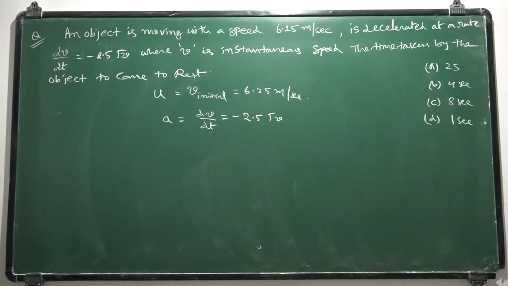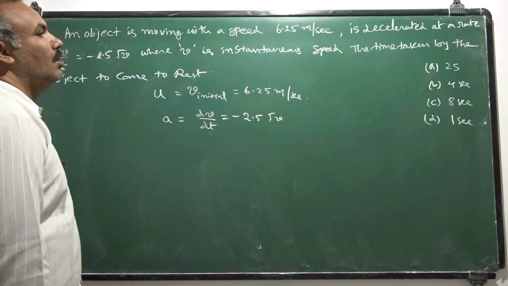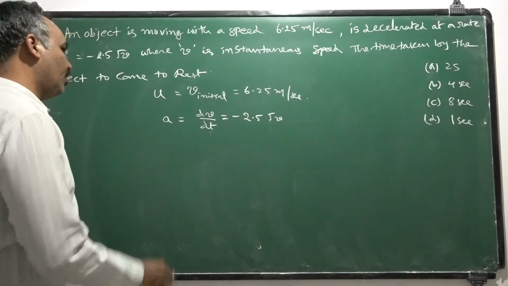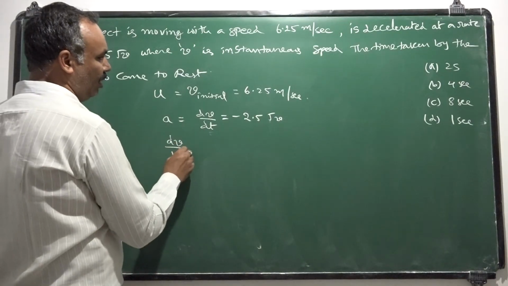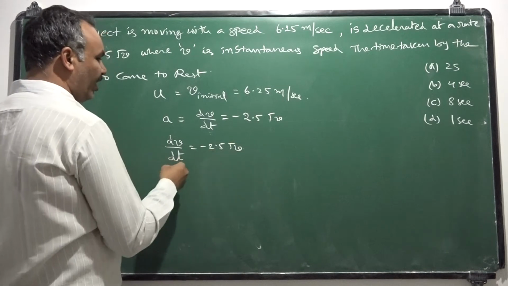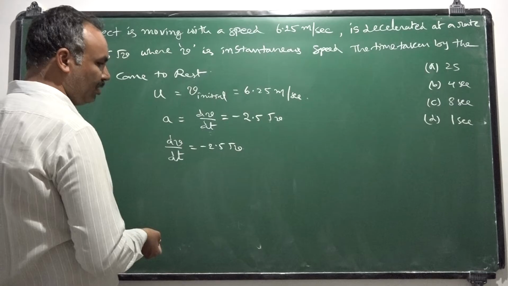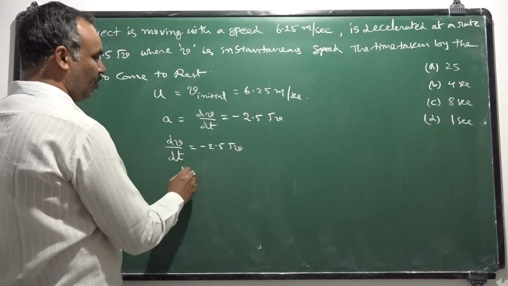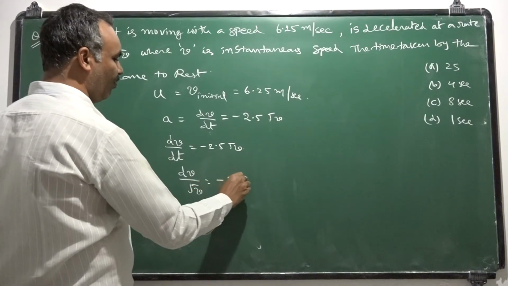Now, the time taken by the object to come to the state of rest. So acceleration can be written as dv by dt is equal to minus 2.5 root v. The v containing terms let me bring on one side, the dt terms I can bring to the other side. So dv by root v is equal to minus 2.5 dt.